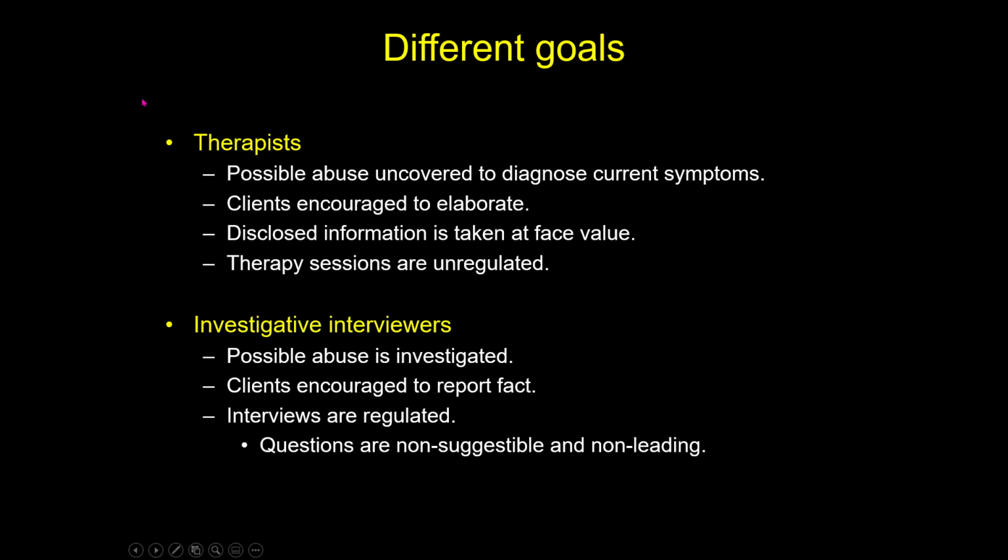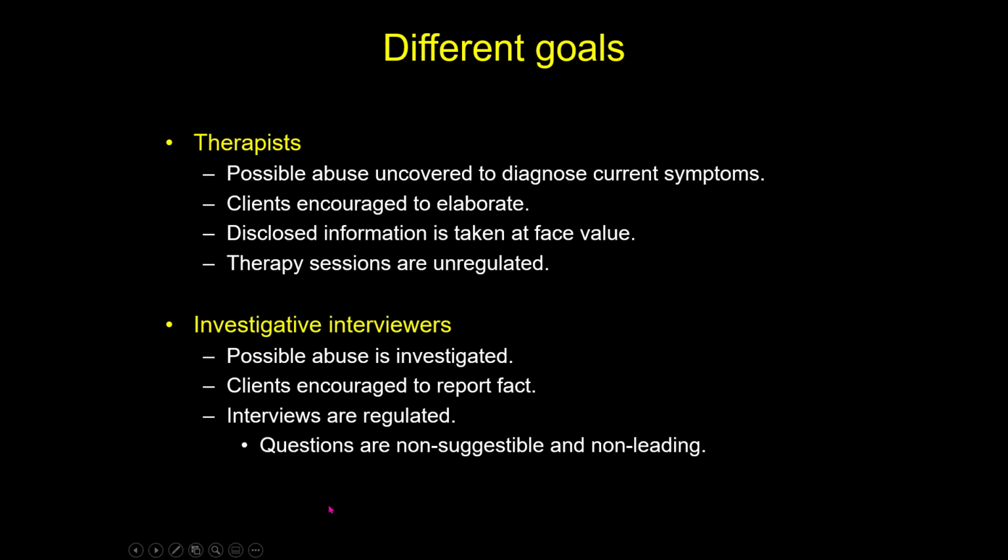So there's a couple of different goals here, and I come from a forensic psych background, and I'm interested in issues around memory and how they relate to investigative interviews. When people are investigating crimes, it's important that we investigate those crimes thoroughly. During those investigations, we would want potential witnesses to be telling us facts, things that they really can remember.